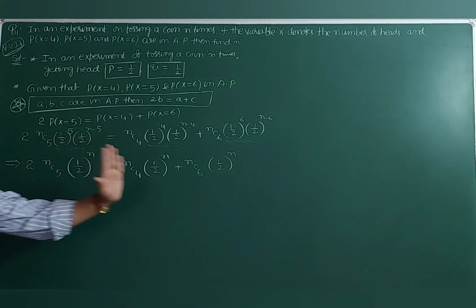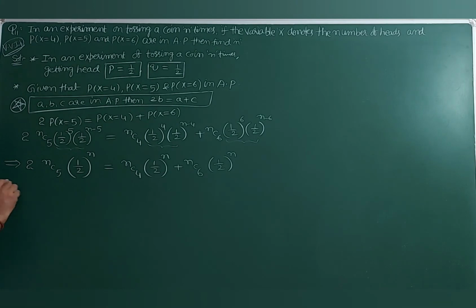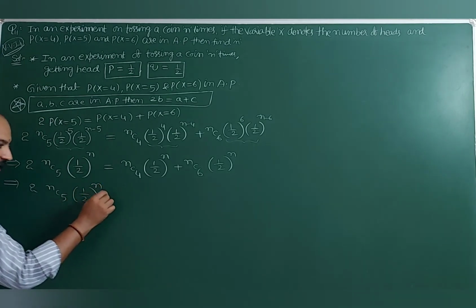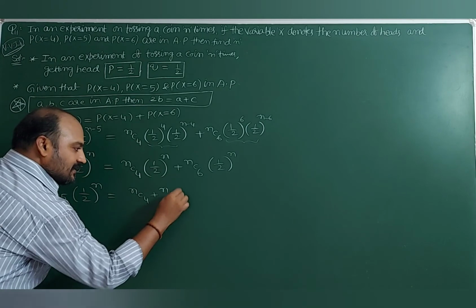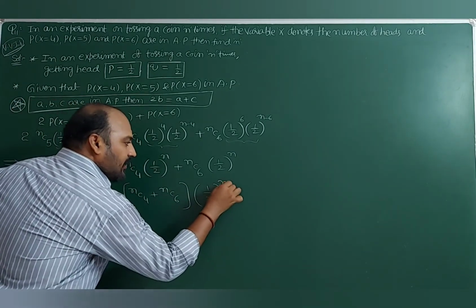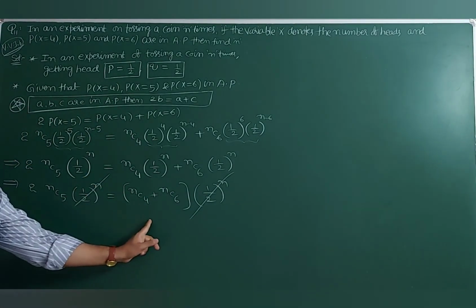From LHS and RHS, (1/2) power n I am taking common and cancelling the terms. 2 into nC5 (1/2) power n is equal to nC4 plus nC6 into (1/2) power n. You have to cancel that term.